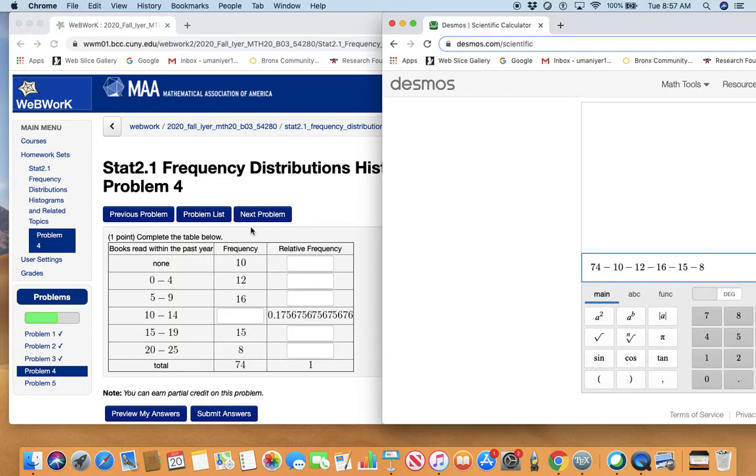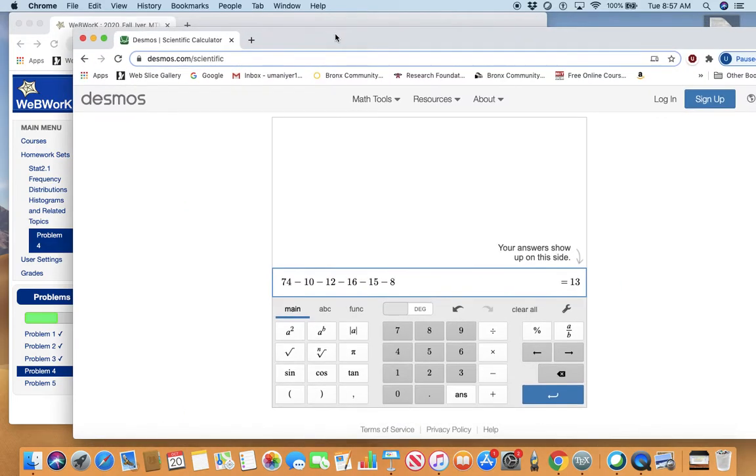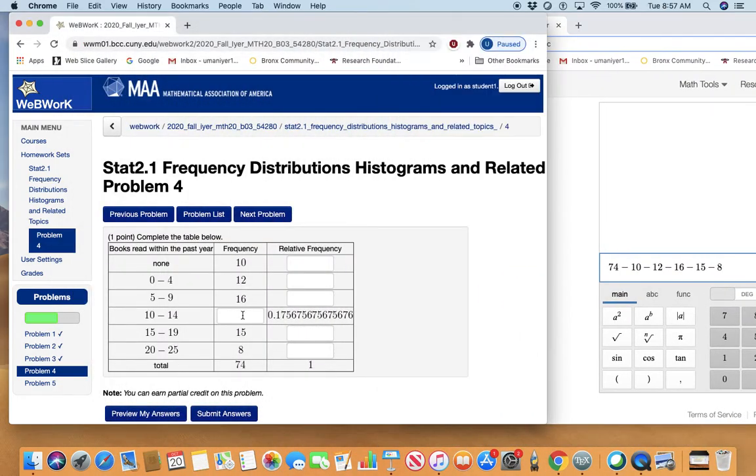So I hope it's clear. Total is 74. These are all filled in. So this will be total minus everybody else. So what do we have there? 13. What goes here is 13.